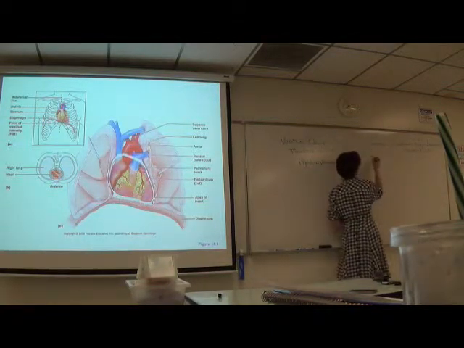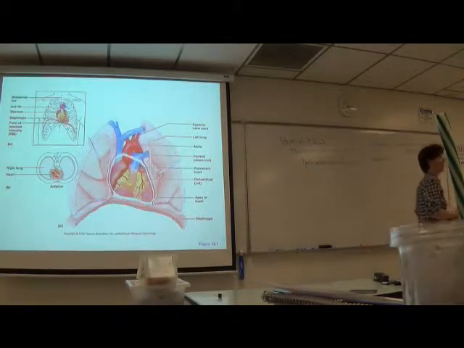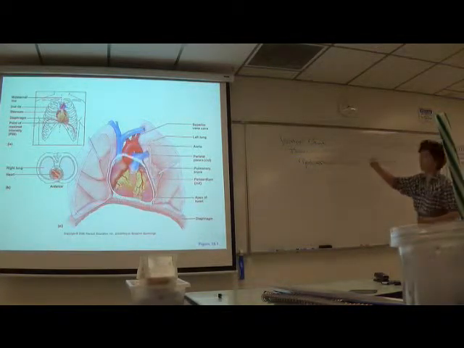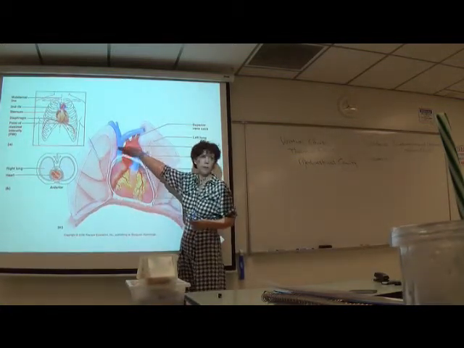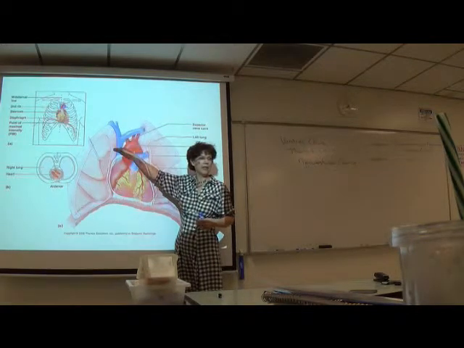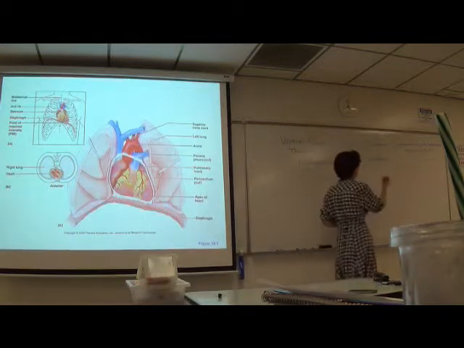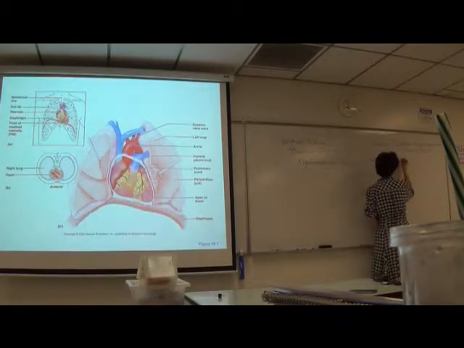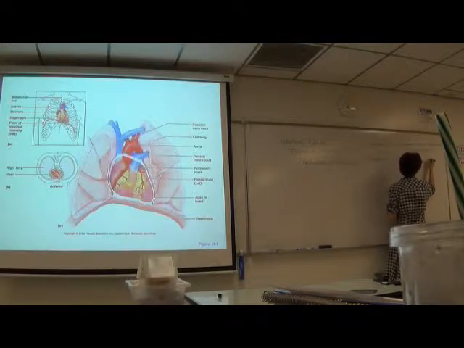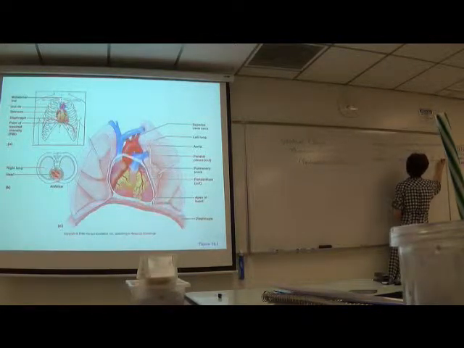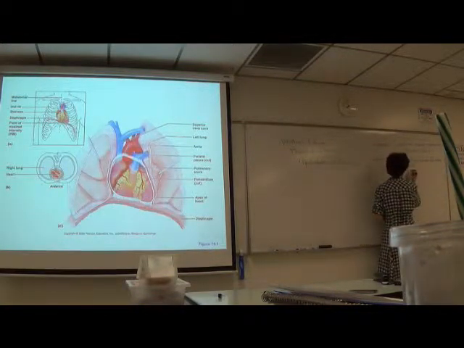We have the superior, and the superior is considered to be that part that's above the base of the heart. The base of the heart is up here. So we call the aorta and the superior vena cava the great vessels of the heart. So this is going to be above. And we have great vessels.